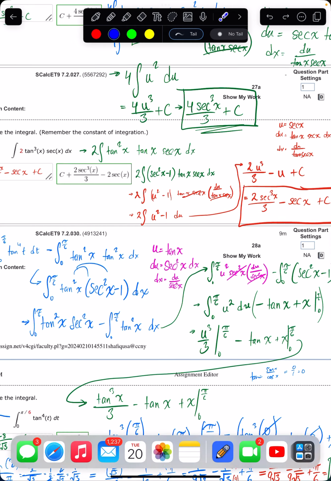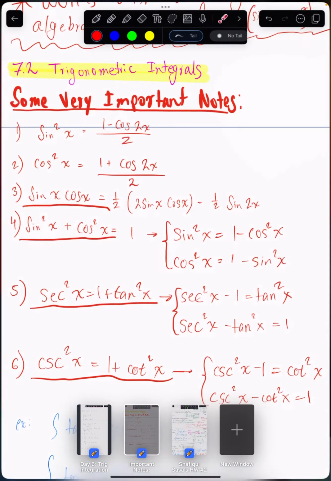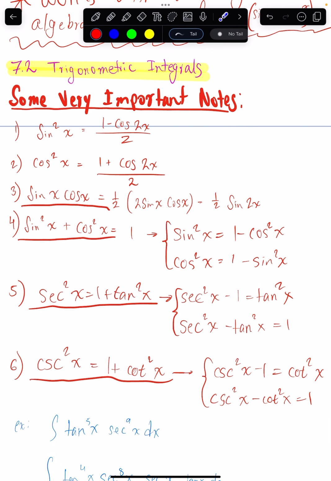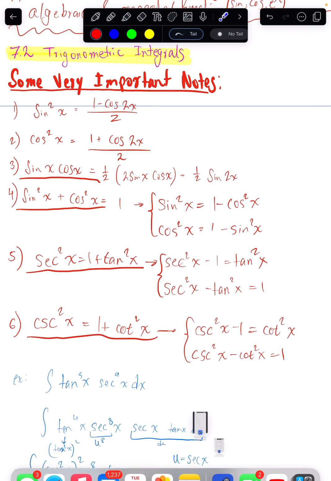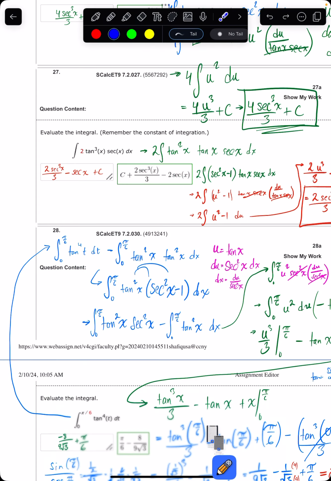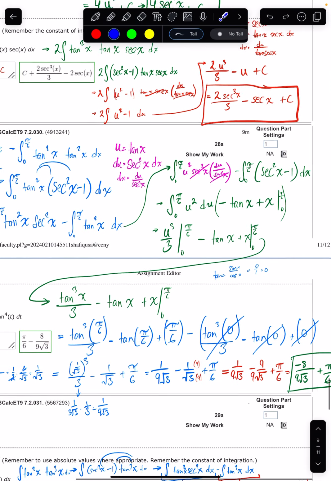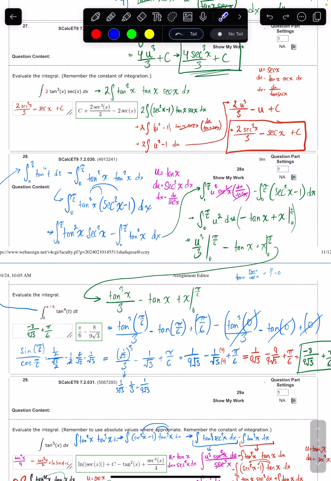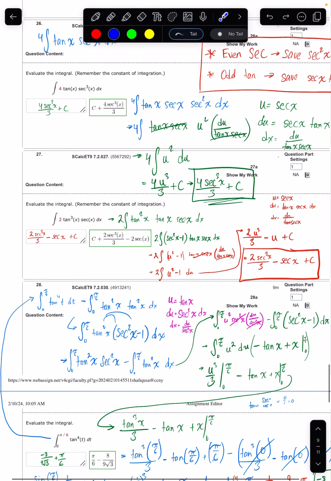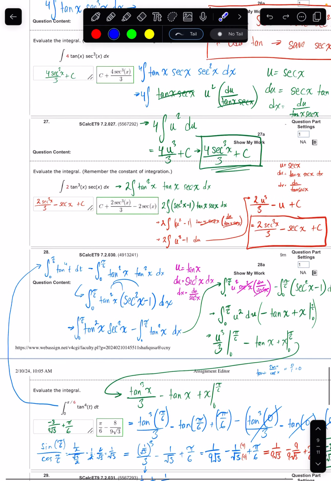We learned that from our notes, right here. And it's the same process as 26 applies to 27, right?